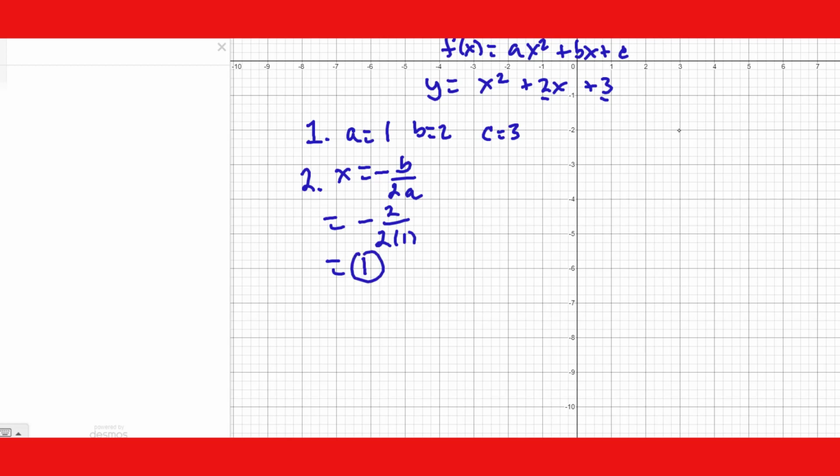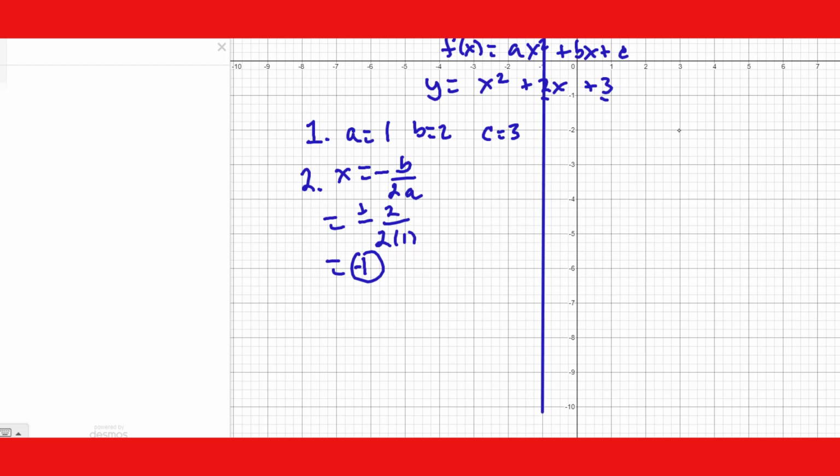So our axis of symmetry is at x equal negative 1. Sorry, didn't mean to forget that. X equal negative 1. So let's find x equal negative 1 right here. So our axis of symmetry is going to go sort of through that negative 1. And I'm going to go ahead and do a little bit of some marking there just for now. So we got an axis of symmetry that goes through x equal negative 1.